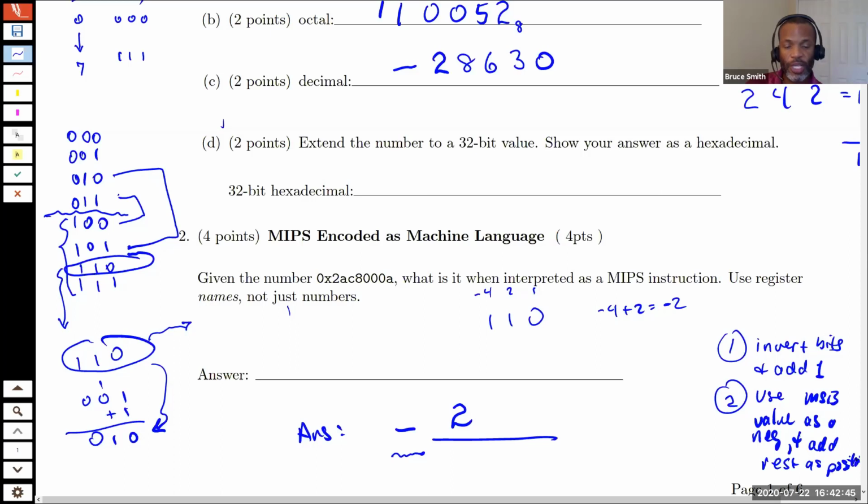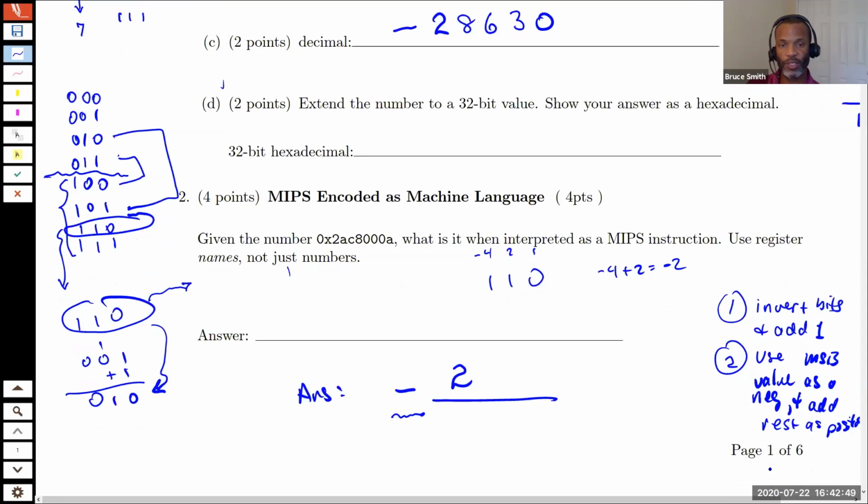You can always use either one of these to determine what the value is.